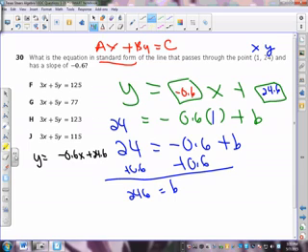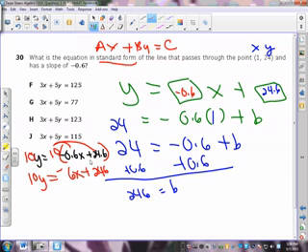First of all, if we multiply both sides by 10, that will move those decimals over 1 place each and get rid of the decimals.